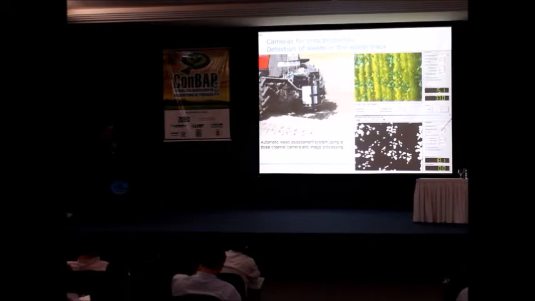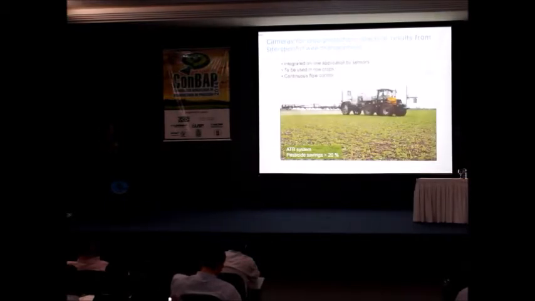And based on the leaf area, you can make a decision on the amount of chemicals to be sprayed. This way we achieve pesticide savings of more than 20% without depression of yield.